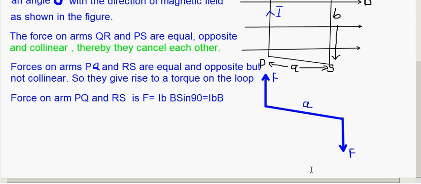Now torque will be equal to, so draw a perpendicular distance here. So this angle is theta, because that is what we have assumed. So this angle here is theta. So this distance will be equal to, this is A, theta, so I can write it as A sine theta.